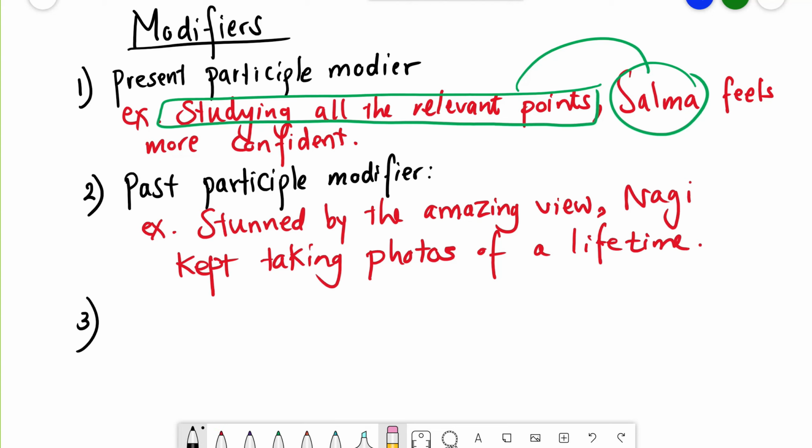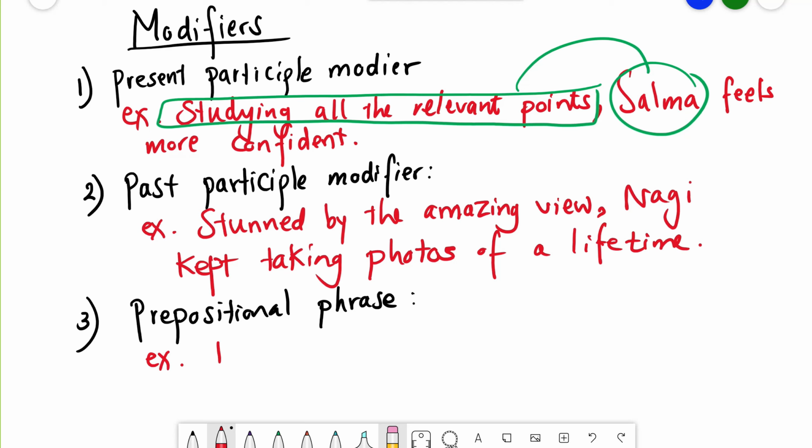Number 3. What else? The modifier could be what? Could be prepositional phrase modifier. How? I can go for this one.